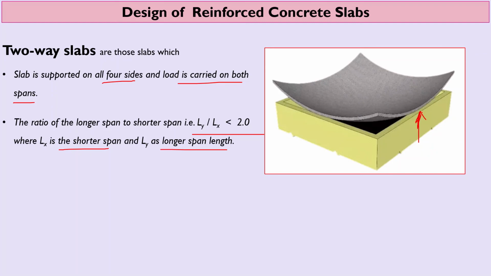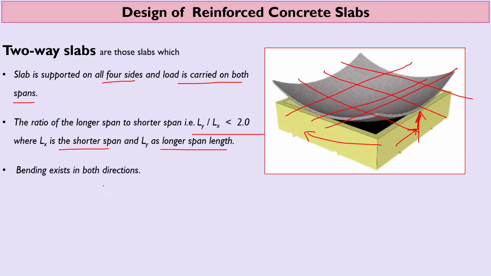Here we will be providing main steel in both directions: this is main steel along one direction and this is also main steel in the other direction. So no distribution steel needs to be designed, because if I say this is the x direction and this is the y direction, bending is very much effective in both cases. This load will give you bending of the slab in both directions, so we have to provide steel along both directions.